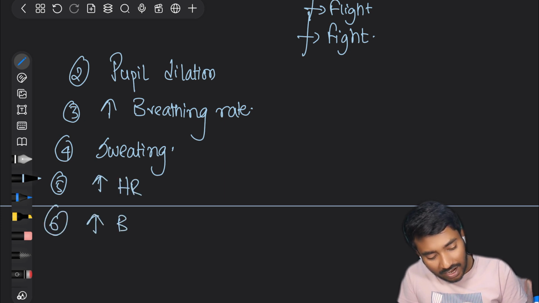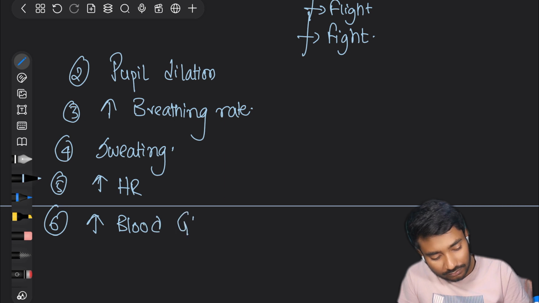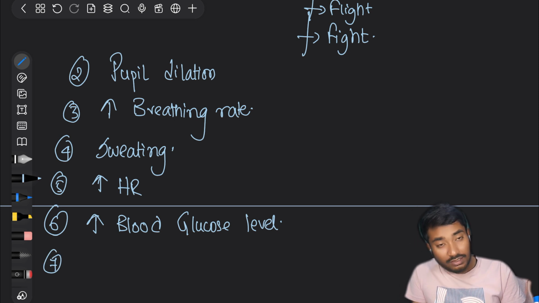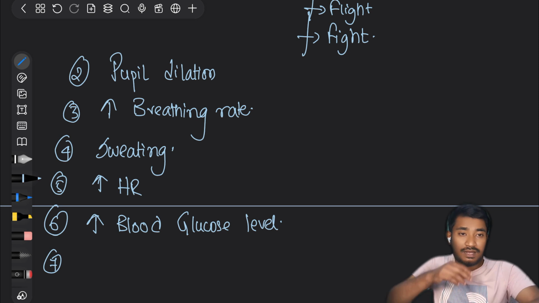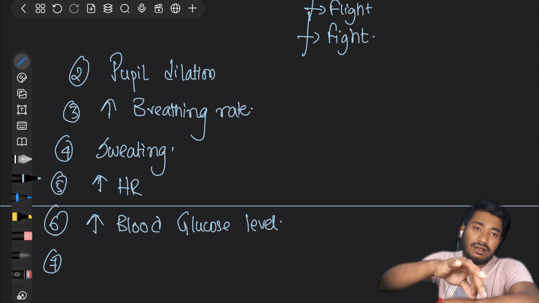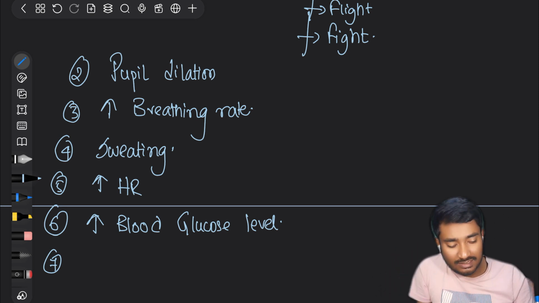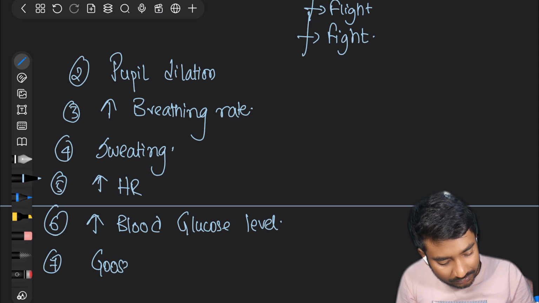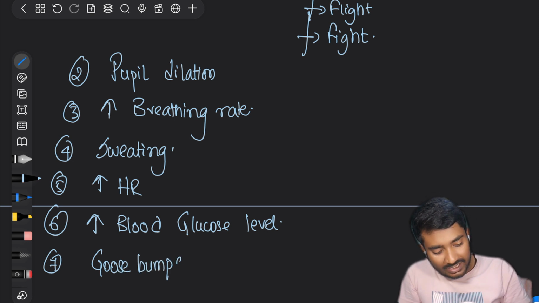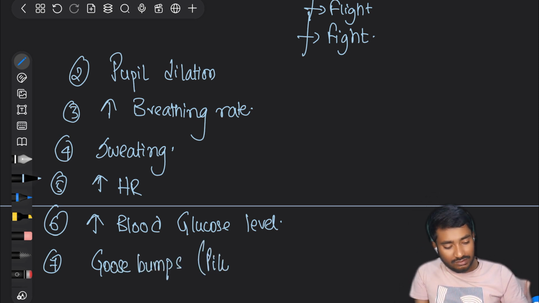It increases the blood glucose level. It performs piloerection, that is goosebumps. The hair follicles of the body stand erect. It's called goosebumps, and the medical terminology is piloerection.